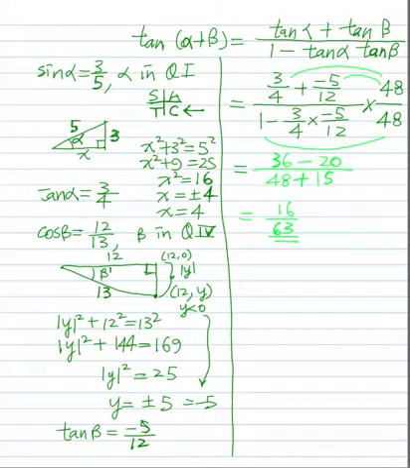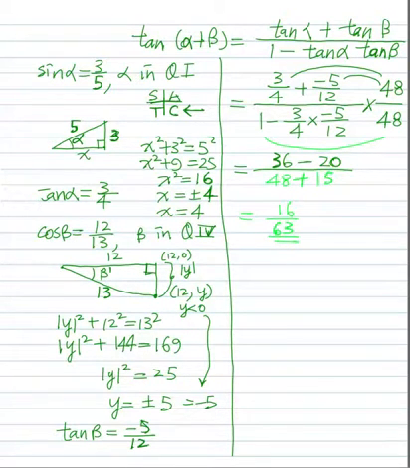It equals 48 divided by 4, 12 times 3, 36. Subtract 48 divided by 12, 4 times 5, 20. That's the numerator.